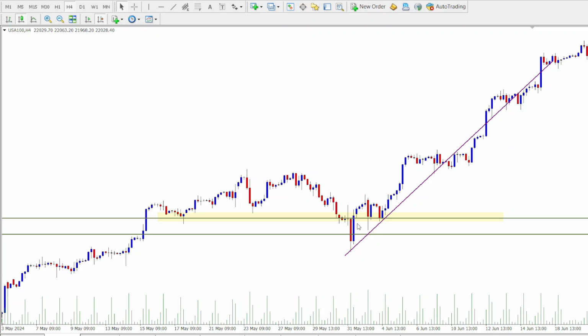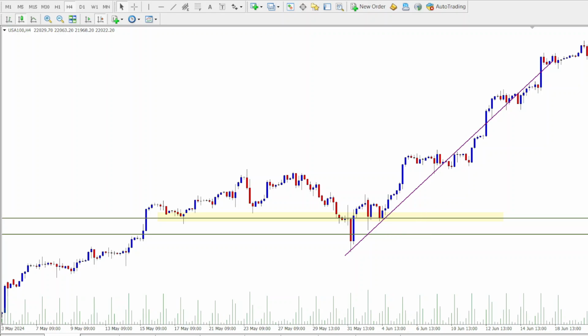Retail traders get stopped out easily, but smart money understands market manipulation. Retail traders react to price, but smart money anticipates price moves.